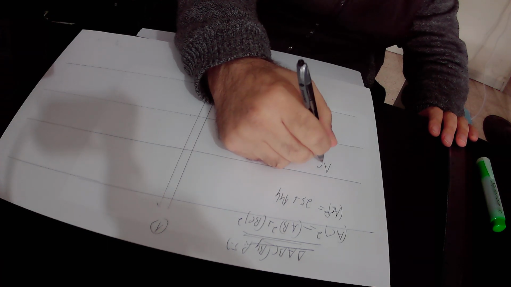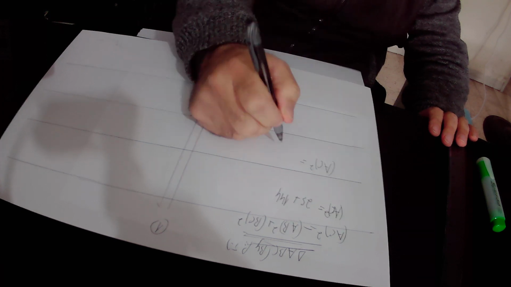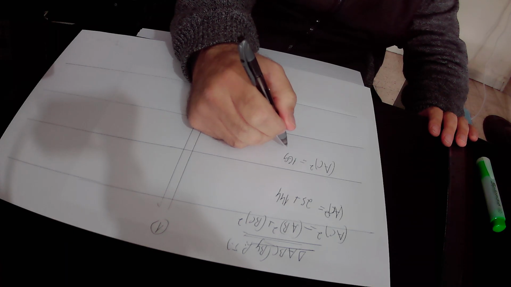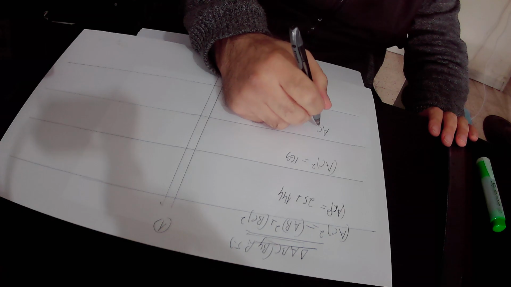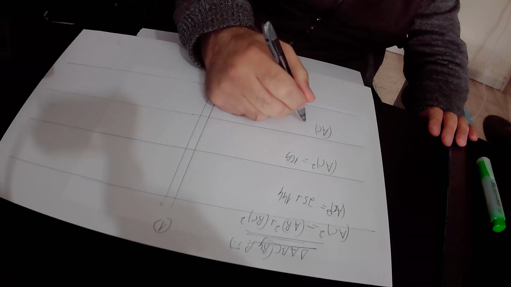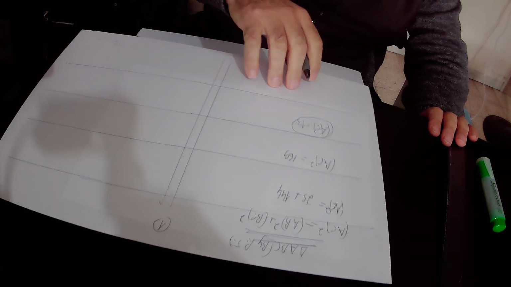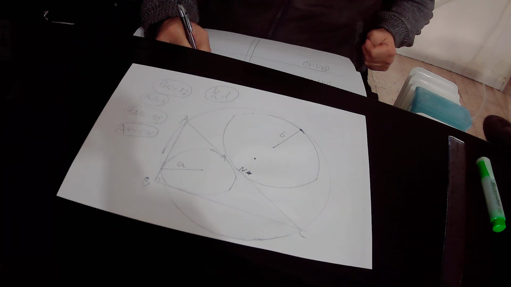So AC square equals 25 plus 144, which is 169. We take the square root of this equation, and we get that the square root of 169 is 13. So I found out that the length of the hypotenuse AC of the right triangle ABC equals 13 units.